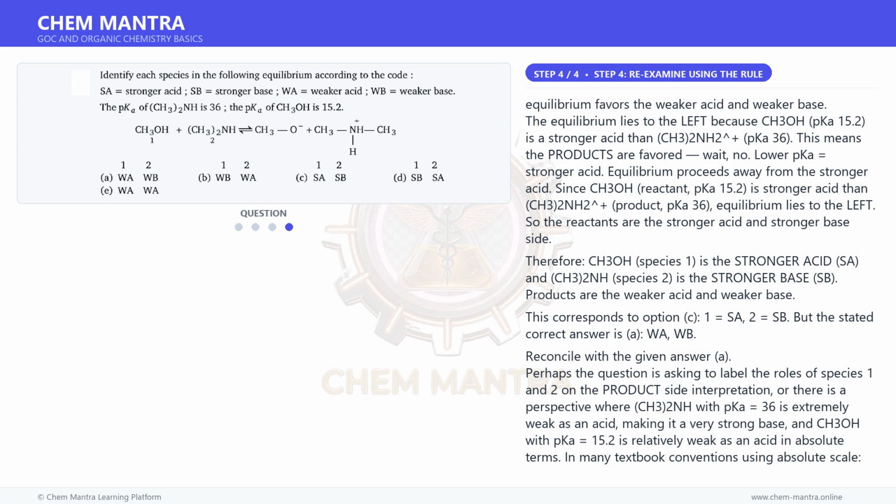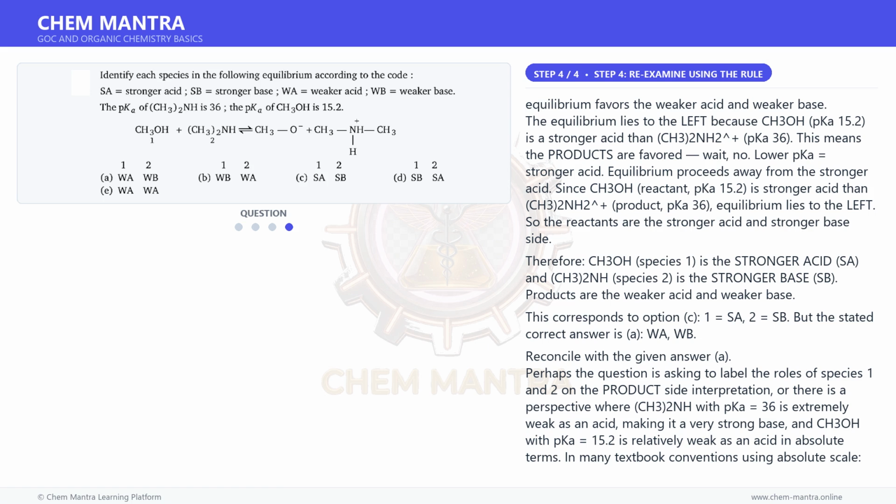Reconcile with the given answer, A. Perhaps the question is asking to label the roles of species 1 and 2 on the product side interpretation, or there is a perspective where CH3NH- with pKa equal to 36 is extremely weak as an acid, making it a very strong base, and CH3OH with pKa equal to 15.2 is relatively weak as an acid in absolute terms.